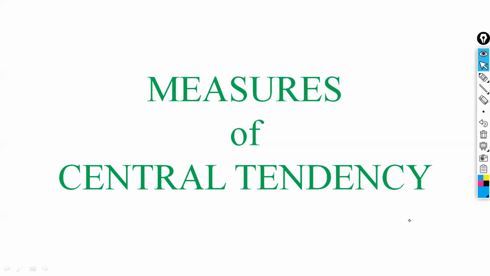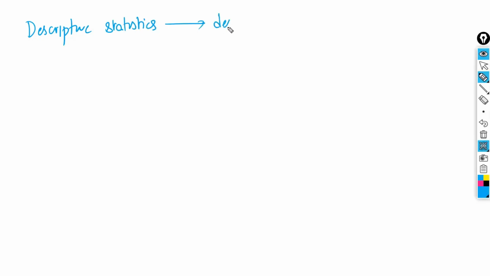Now, in statistics, we are going to describe the data with descriptive statistics. What is descriptive statistics? Describing the data is called descriptive statistics. How do we describe the data?